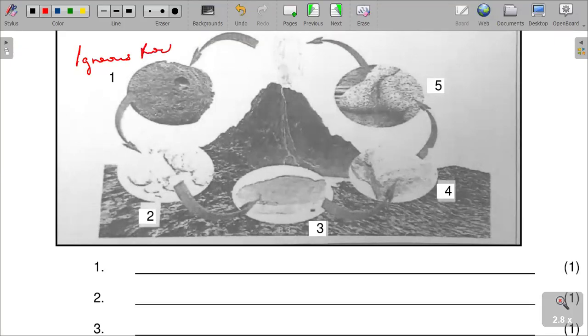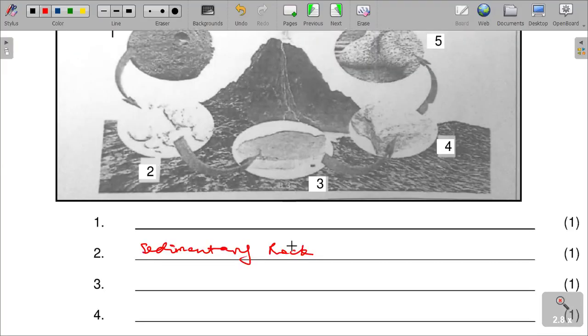And then 2, we can have sediment, because it's a rock cycle. So please understand that it is sediment that is accumulating there.